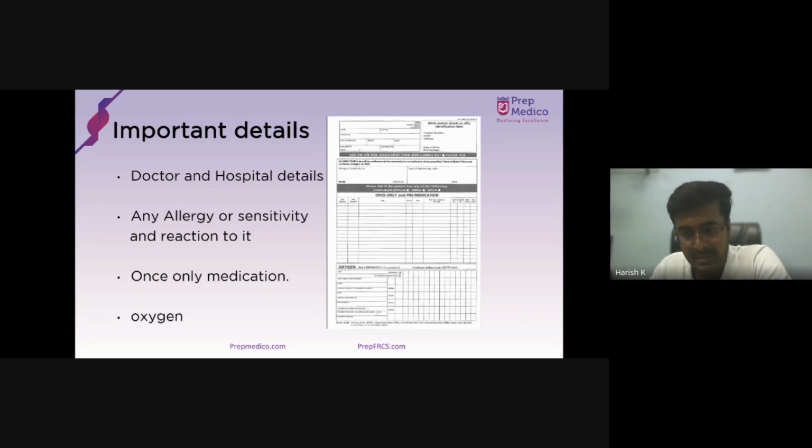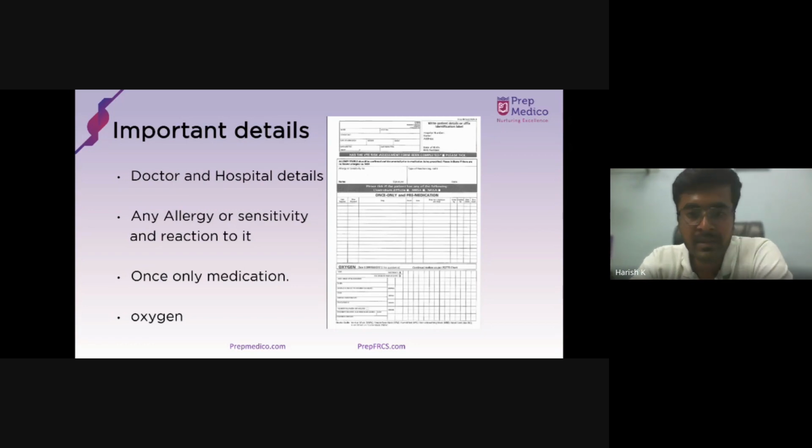If the patient has pneumonia, go to pneumonia and see the page number. There you are going to decide the dose, which may vary depending on the age or weight of the patient. Once you know the age and weight, you can choose the dose for the patient and write it down here.